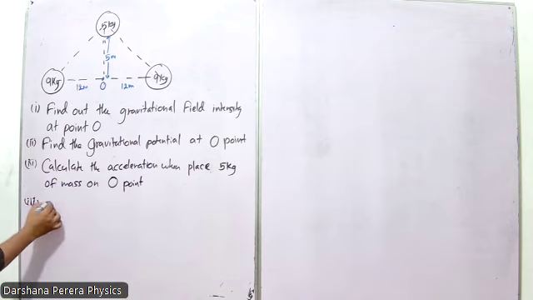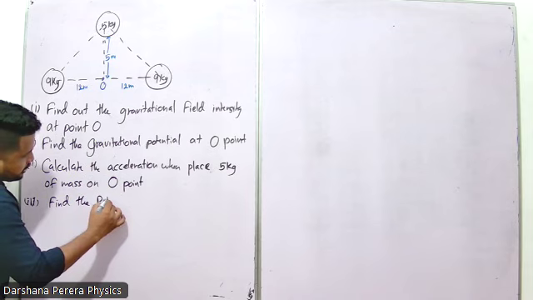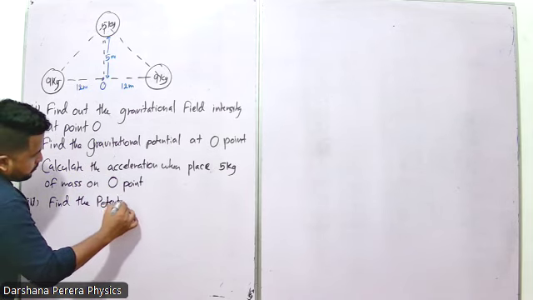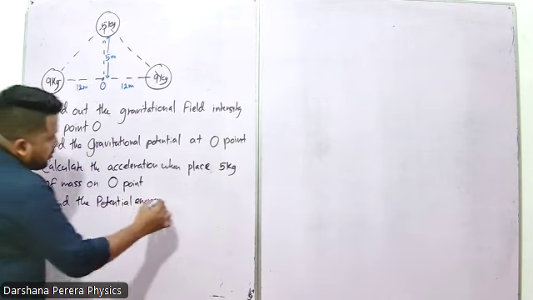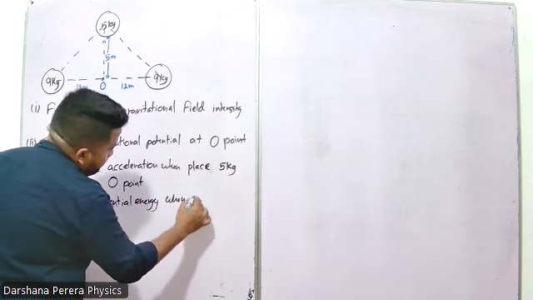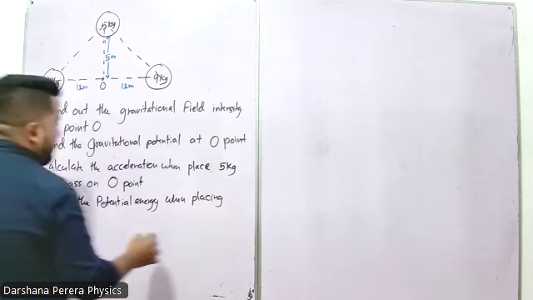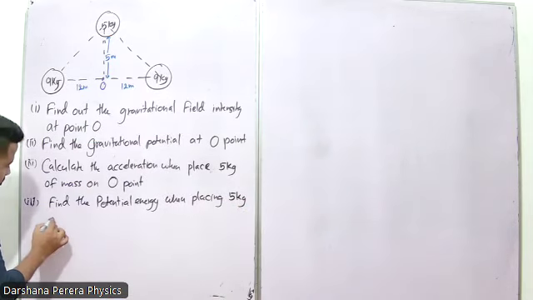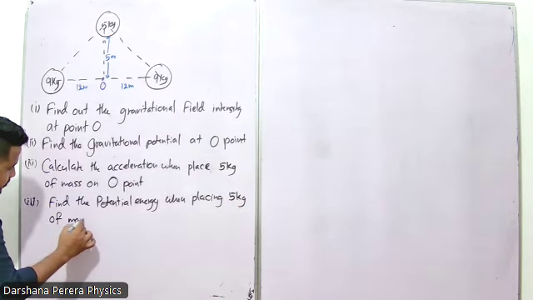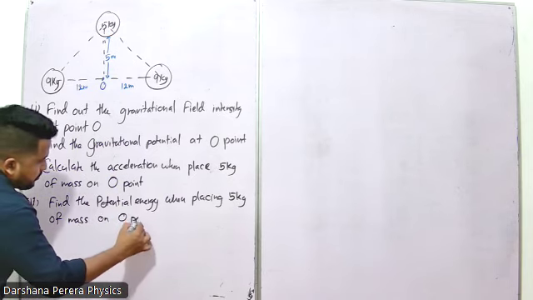Number 4, find the potential energy when placing 5 kilogram of mass on O point.